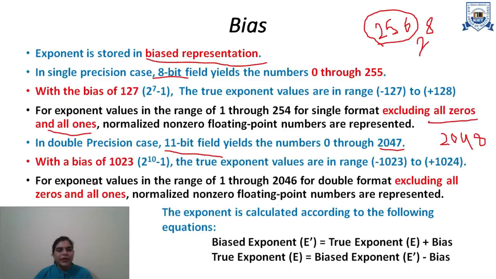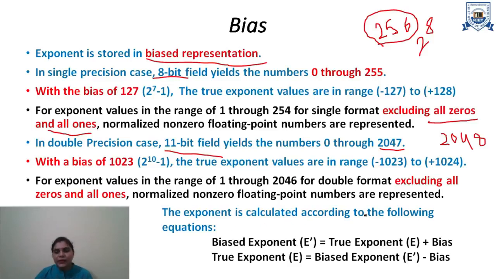For exponent values, we are excluding all zeros and all ones. So the biased exponent can be in the range of 1 through 2046. We are excluding the two values represented by all zeros and all ones, because all zeros and all ones in the exponent field are used to represent special values.